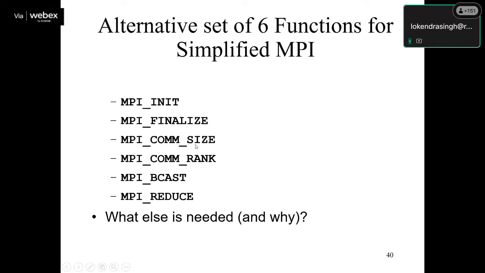It will tell the size of the communicator, and every process has some unique rank. That is for broadcasting. Bcast sends a message from the process with rank root to all other processes in the group. Next one is reduce. One of the parameters of this function is the operation to be performed. So we have to collect the information from the remaining nodes, compute, and give it to a single node.